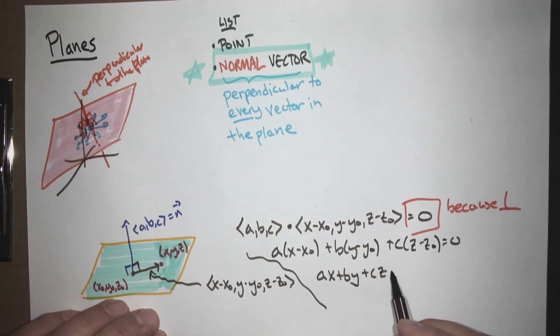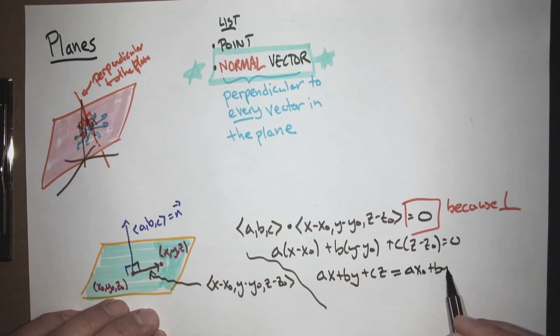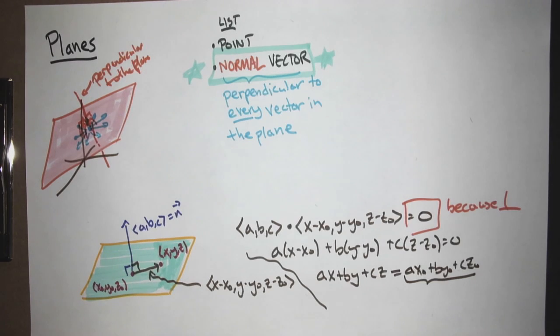And then you can move the other terms to the other side. That's A times x0 plus B times y0 plus C times z0. Now this piece of information, A times x0 plus B times y0 plus C times z0, is fixed. It doesn't change. You move this point around, x, y, z, that doesn't change. So we just give it a name.